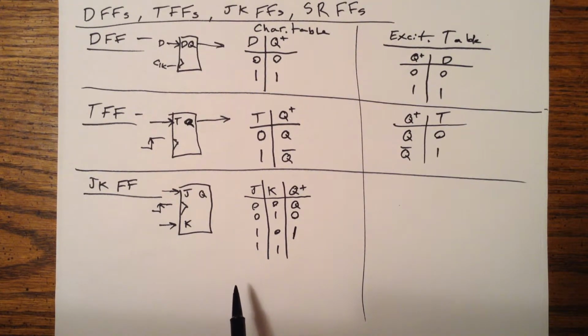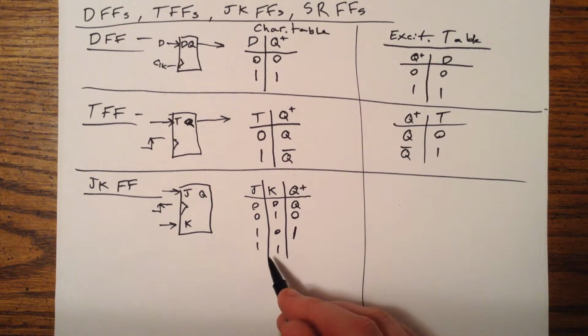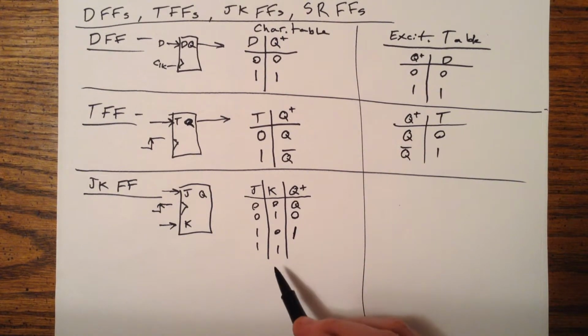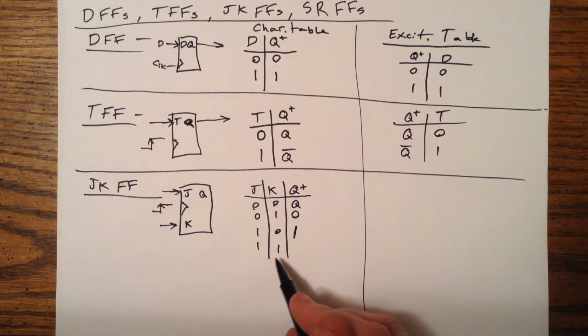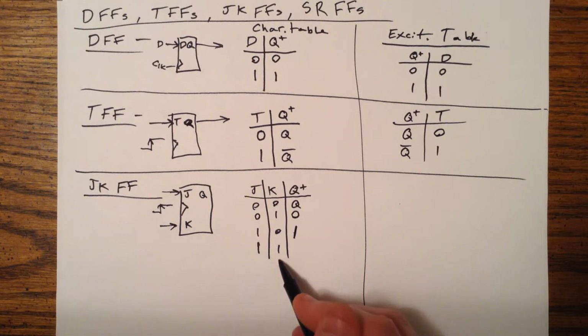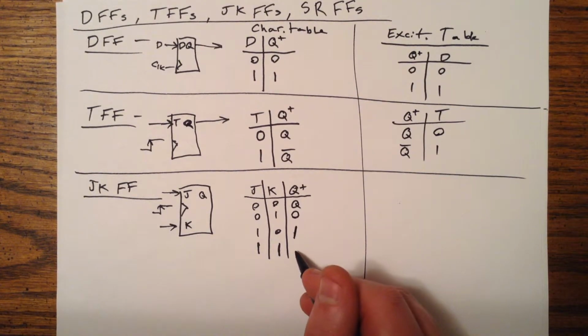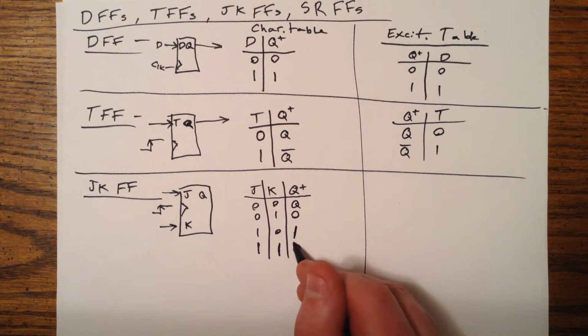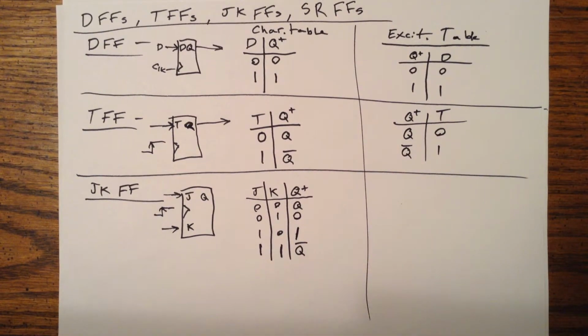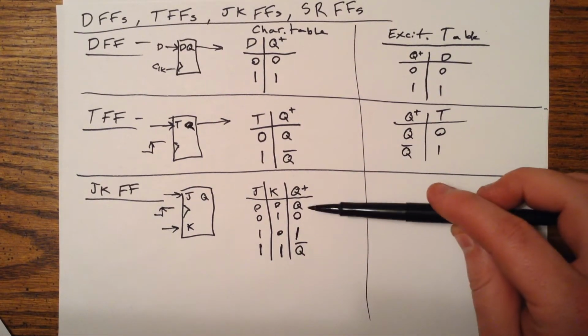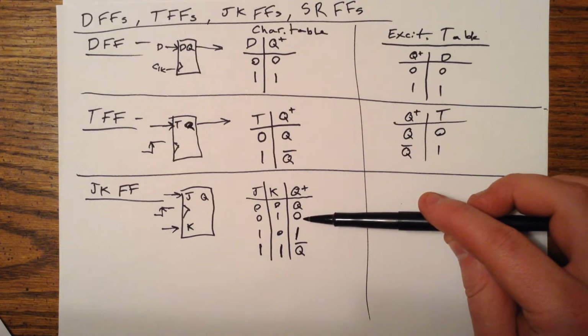Now, the big twist here is that with a JK flip-flop, when you have a 1 and a 1 on both inputs, then our output here will be Q naught. And you see how it's kind of useful: if you put 2 zeros on it, it remembers Q. If you do 0, 1, it gives you a 0.